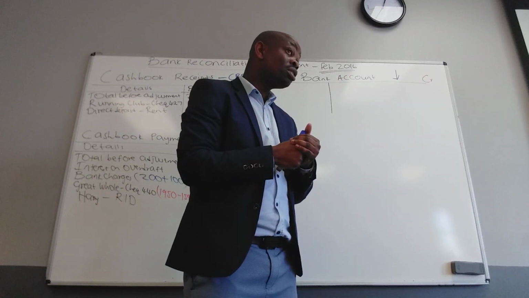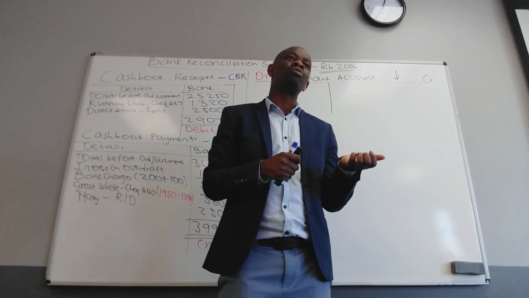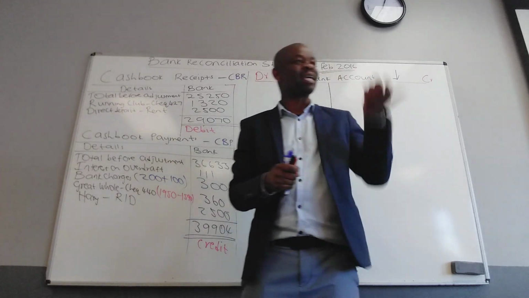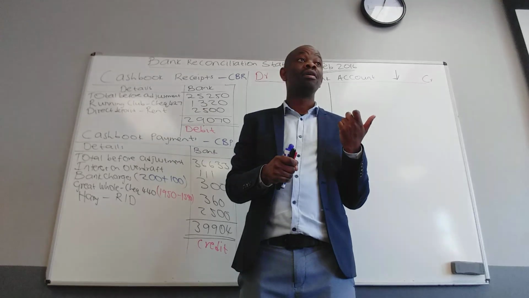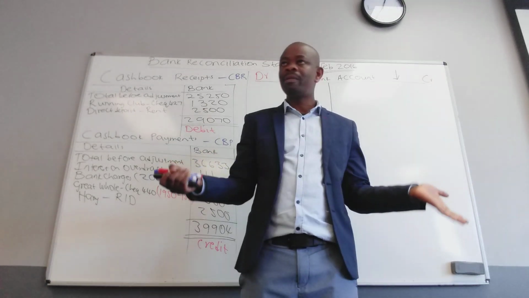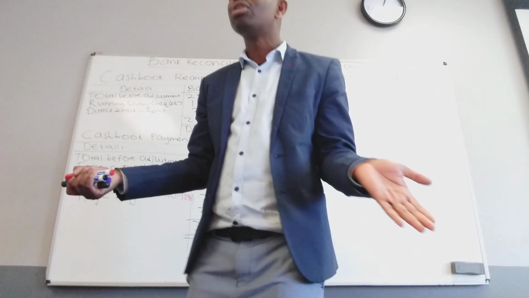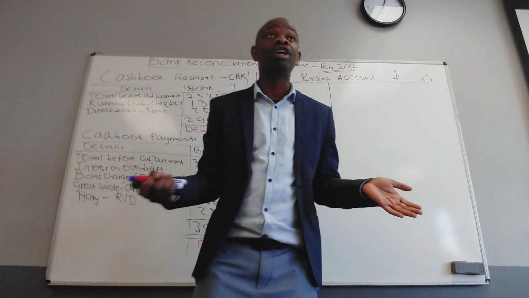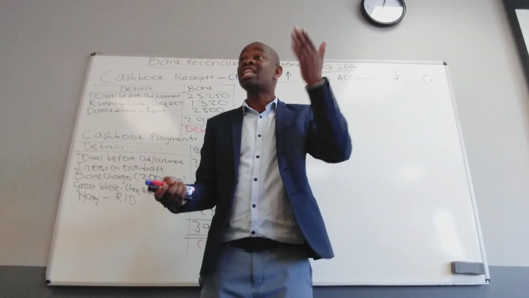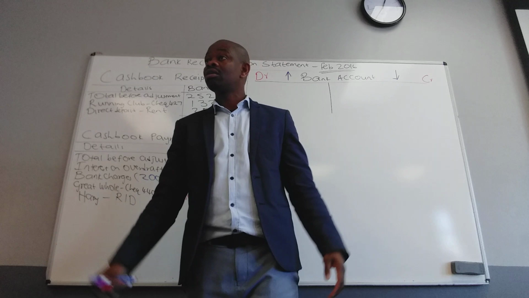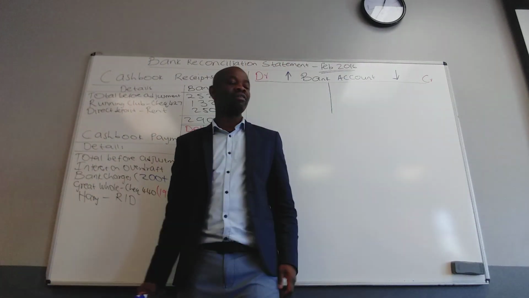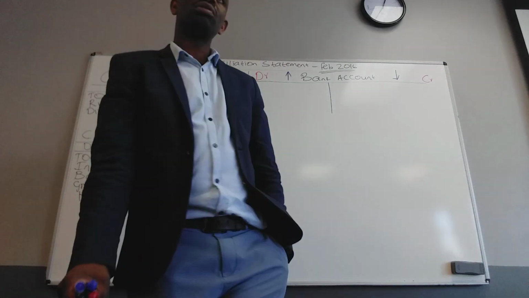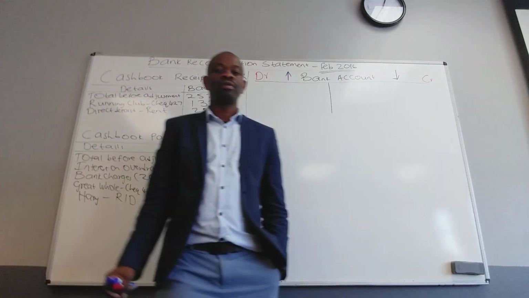Normally they give it to us, but if they don't give it to you, you must check if they gave you the previous bank record. Yes, we talked about the previous bank record. So they did give you the previous bank record. Go to the previous bank record and check the balance as per bank account for me. Where the question starts, there's a bank record given to you, the first info given to you.